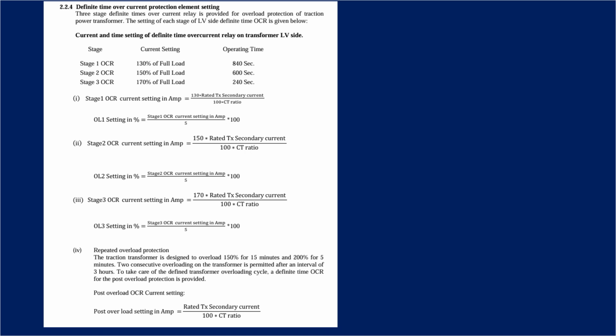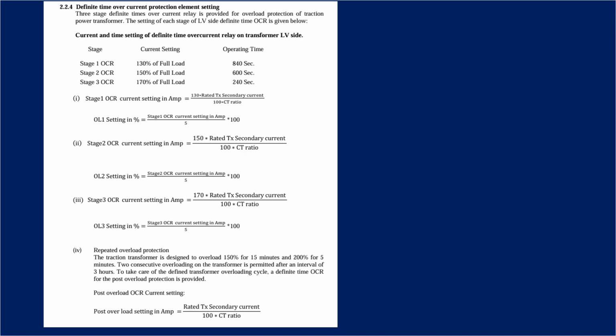On the secondary side, the stage 1, 2, 3 currents are taken as 130%, 150%, and 170%, and the times given are 840, 600, and 240. You have to find out the current. The 130% current you can find easily, convert it to the relay side, and find the percentage.